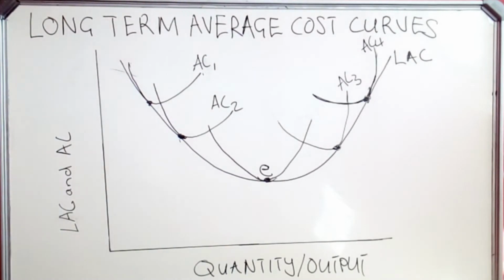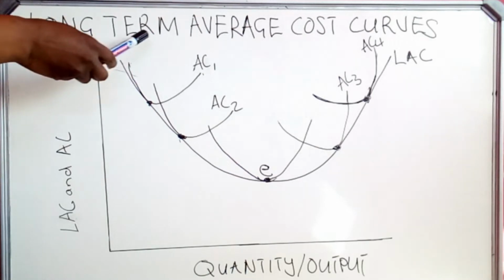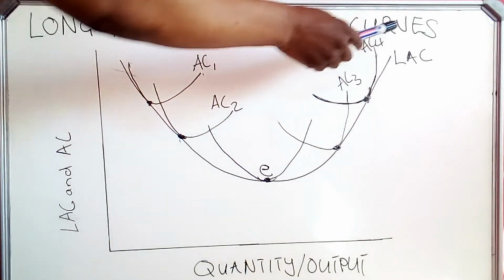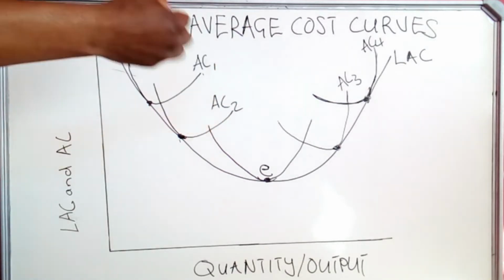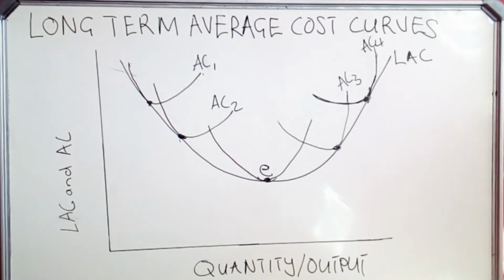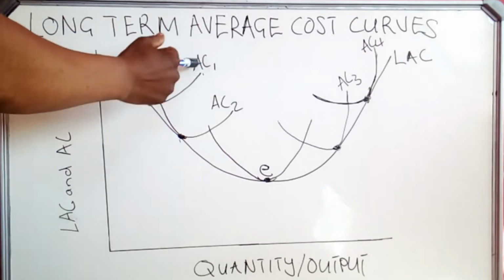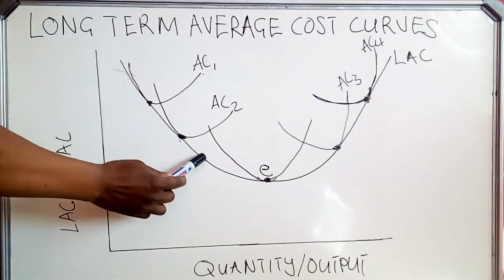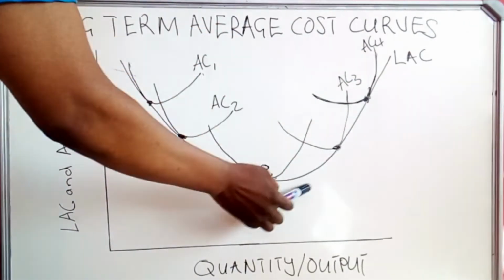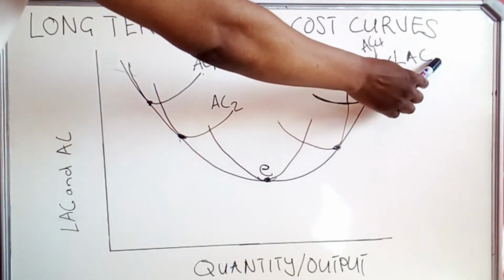All right, the graph on the board here, as you can see, shows long-term average cost curves. In the long term, we've also tried to put the individual units there, which show different short terms. And then the longer curve, the outward peripheral one, gives you the long-term average cost.